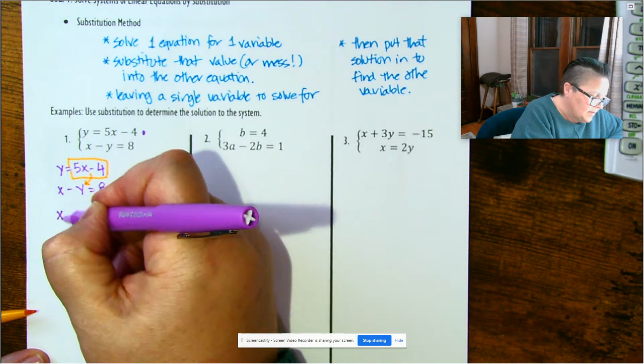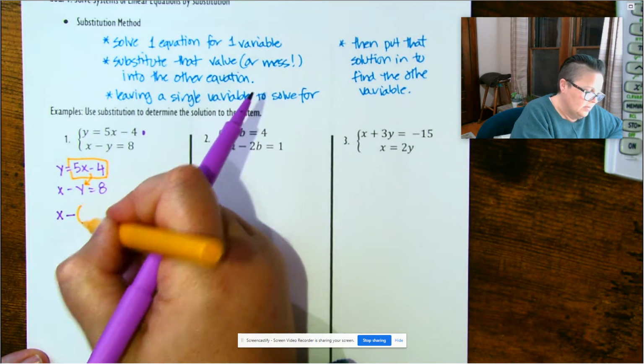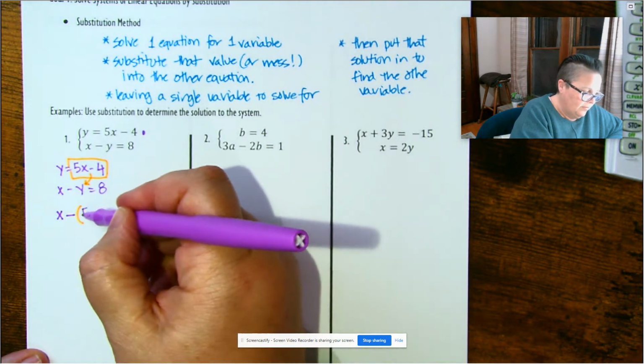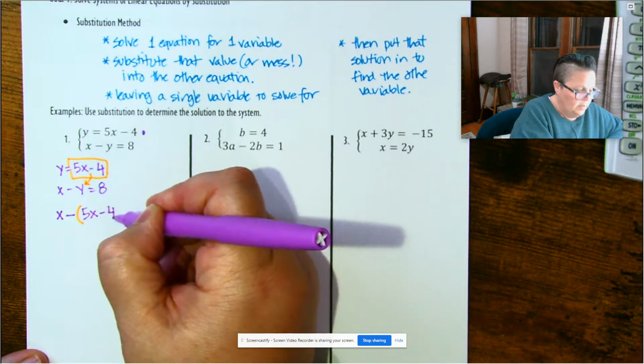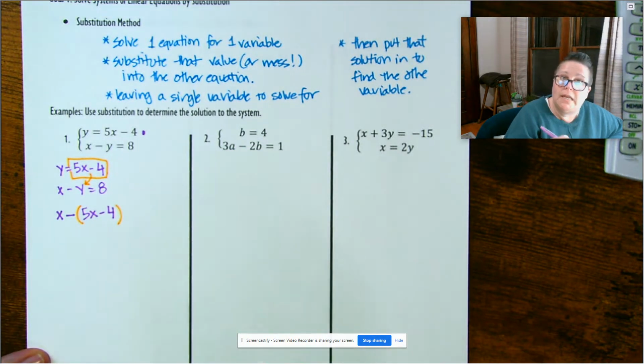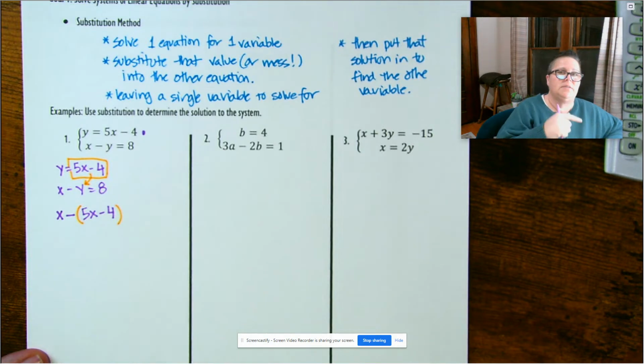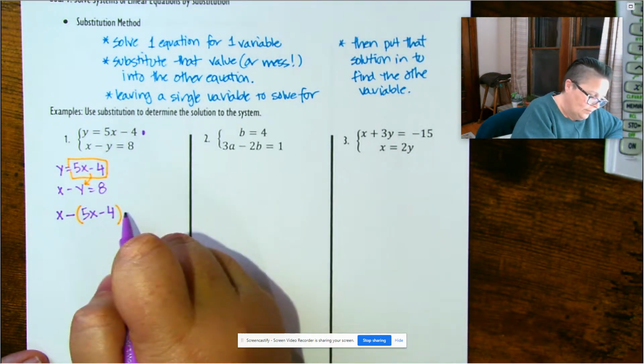That's going to give me x minus, now, instead of that y, I'm going to put 5x minus 4. Notice I'm putting it in parentheses. Number one, I'm going to need to distribute the negative in this. But you never know what sort of situation you're substituting it into, so we want to protect it until we're sure.